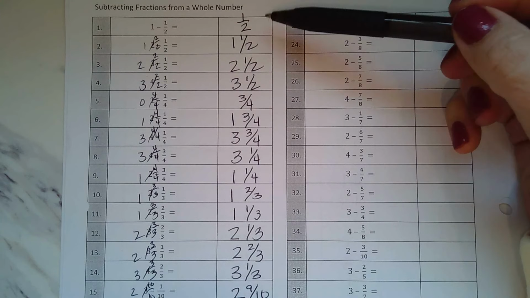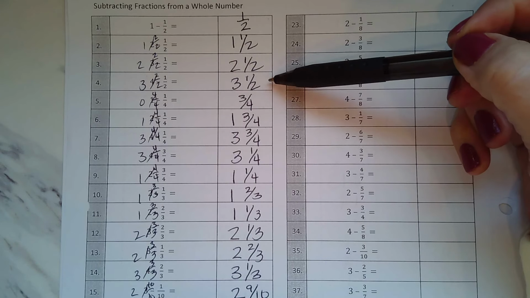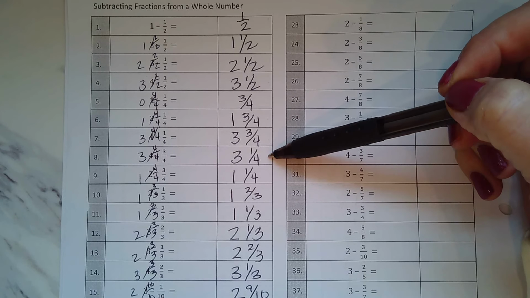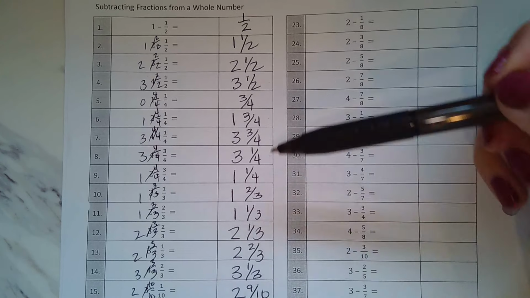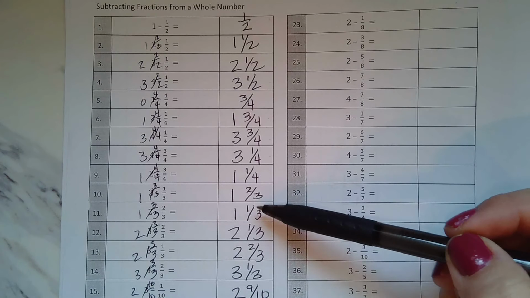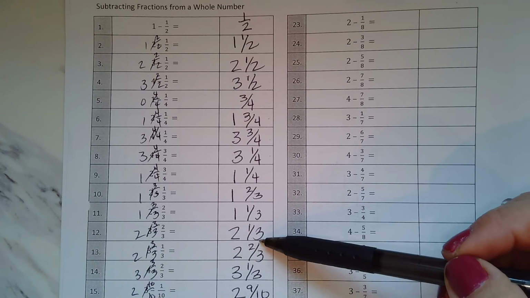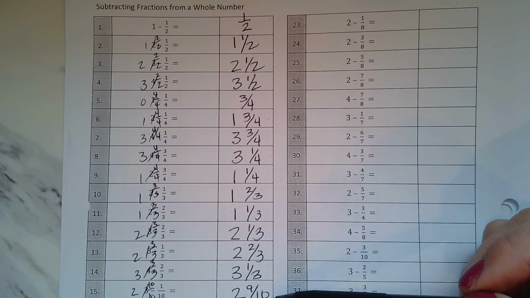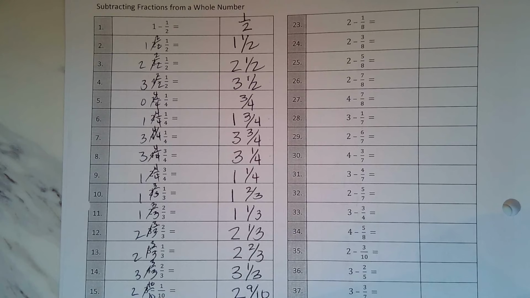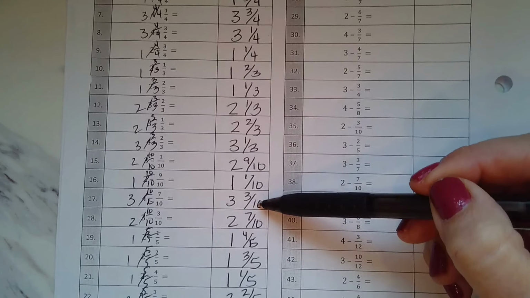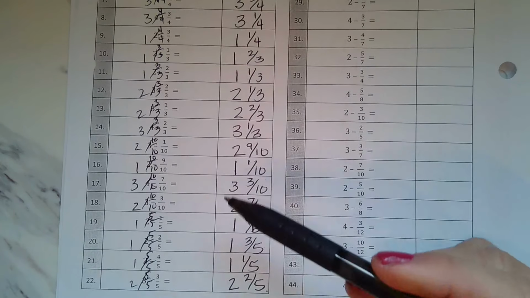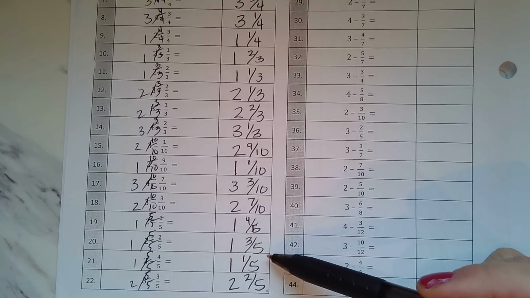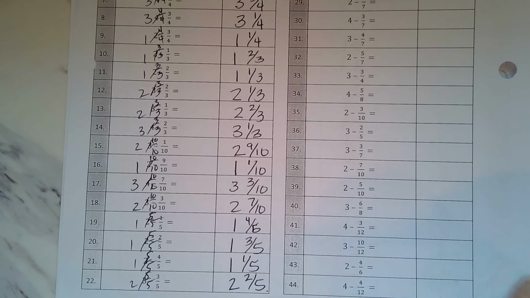So 1/2, 1 1/2, 2 1/2, 3 1/2, 3/4, 1 3/4, 3 3/4, 3 1/4, 1 1/4, 1 2/3, 1 1/3, 2 1/3, 2 2/3, 3 1/3, 2 2/9, 1 1/10, 3 3/10, 2 7/10, 1 4/5, 1 3/5, 1 1/5, 2 2/5.